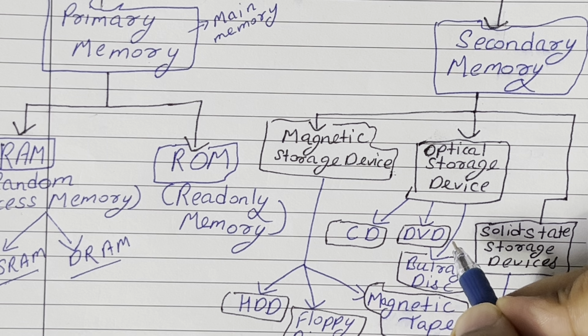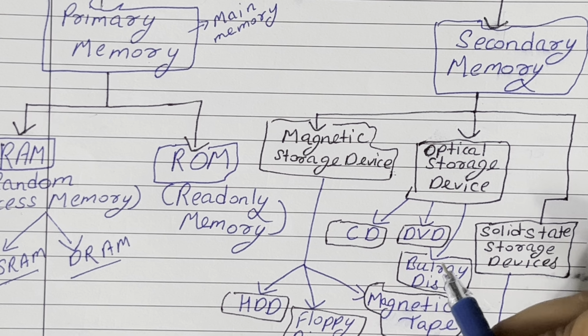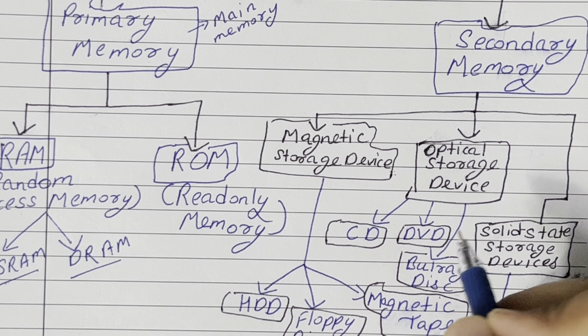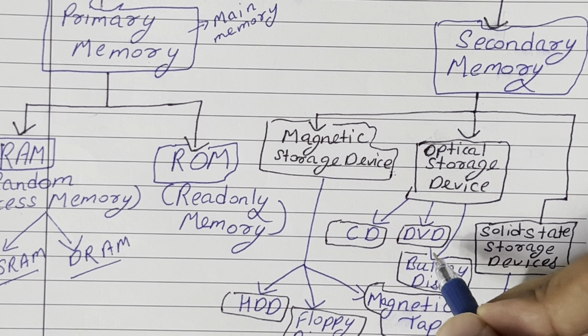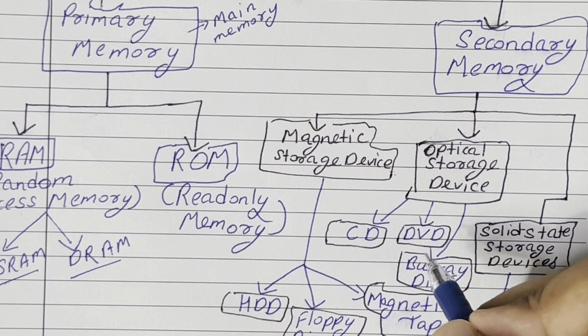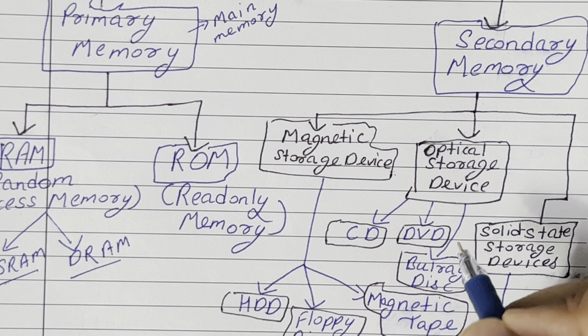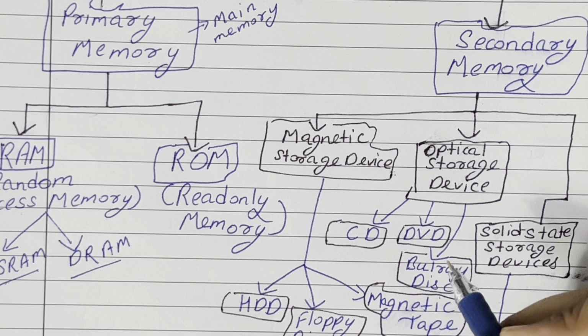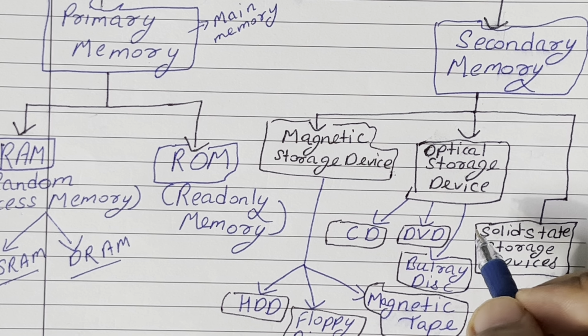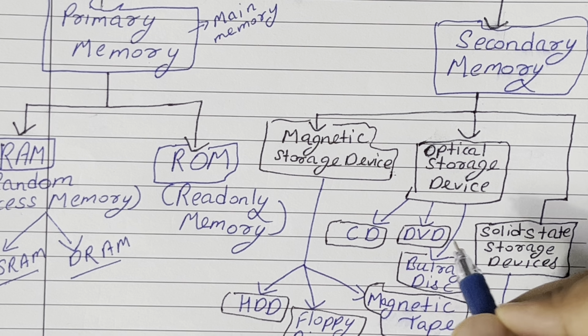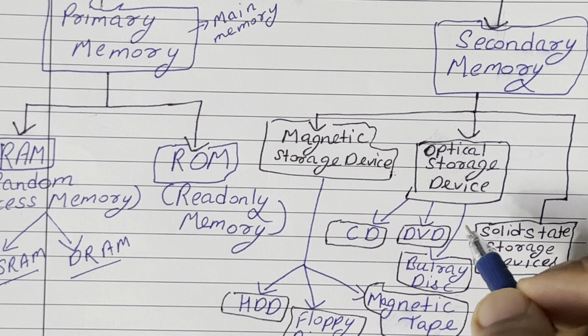Now let's talk about DVD. DVD stands for digital versatile disc. It is an advanced optical storage device developed as an improvement over CD. DVDs also use laser technology similar to CD, but they provide much higher storage capacity due to improved data recording techniques and smaller data patterns.